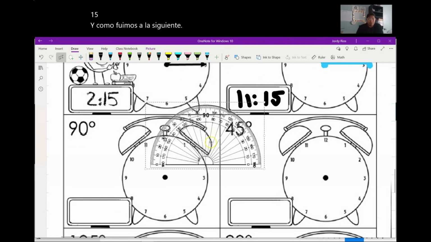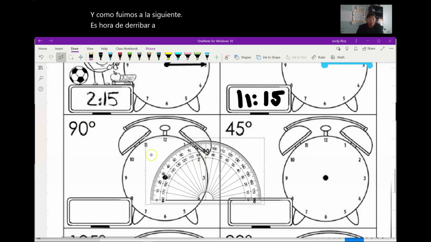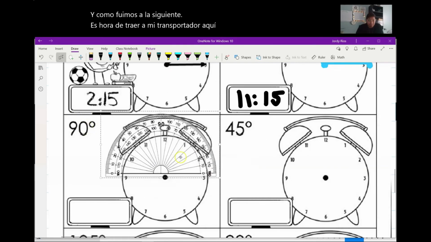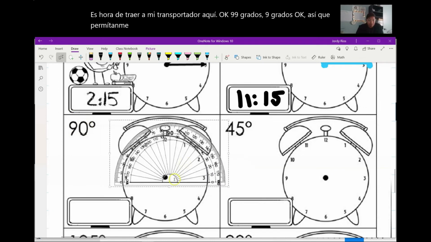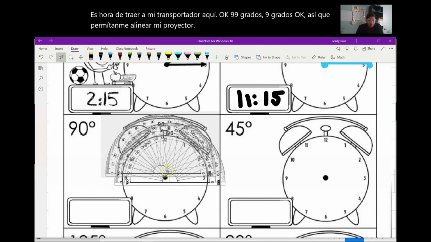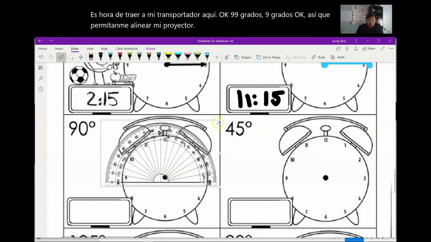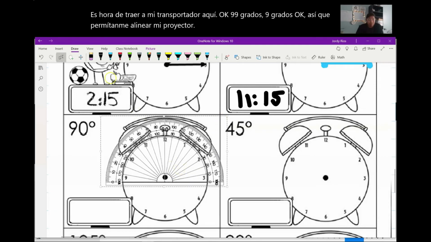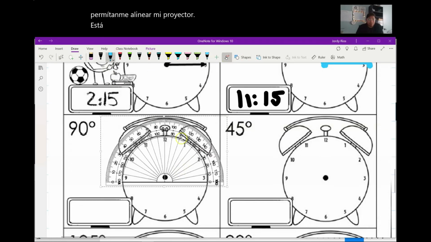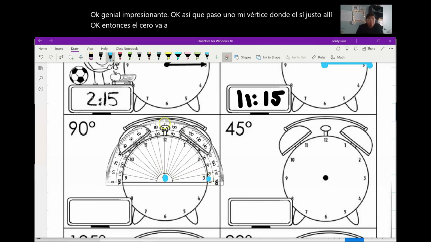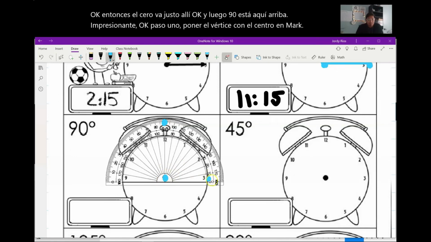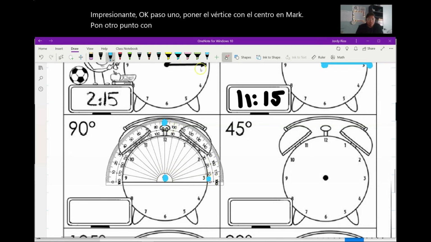So I'm going to bring my protractor down here. 90 degrees. Let me line up my protractor. Step 1, put my vertex right there. Then the 0 goes right there, and then 90 is up here. So step 1, put the vertex at the center mark. Put another point where the 0 is, and then put another point where the degrees are.